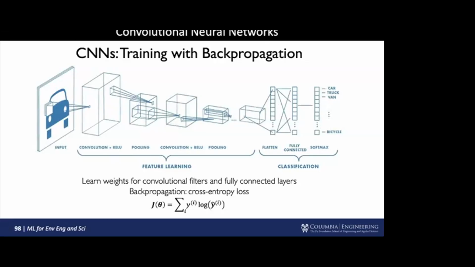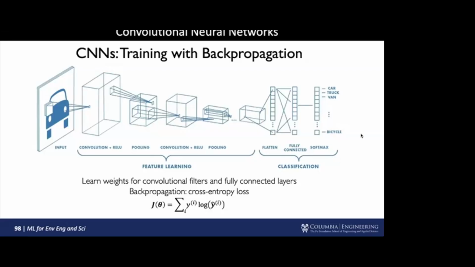We then compare those predictions to the true labels using a loss function, shown here. As we mentioned, J is an objective function, also called a loss function, right? Backpropagation computes how much each weight, both in the convolution filters and the fully connected layer, contributes to the error.